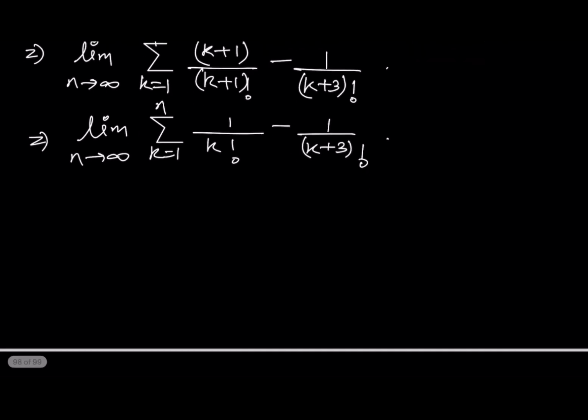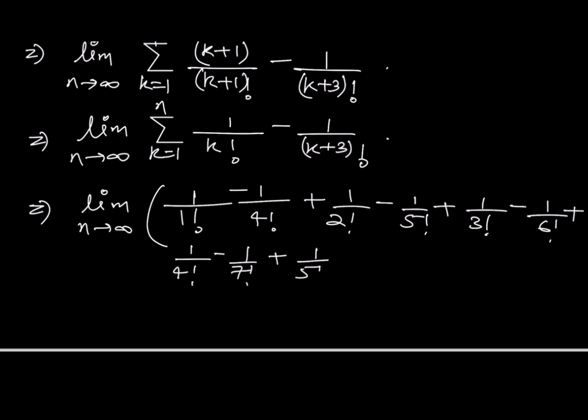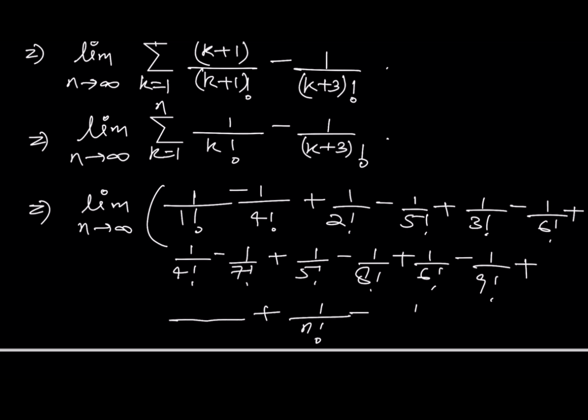Alright, now if I expand this summation by putting the values of k equal to 1, 2, 3 and so on up to n, this will become limit n tends to infinity 1 upon 1 factorial minus 1 upon 4 factorial, right, plus 1 upon 2 factorial minus 1 upon 5 factorial plus 1 upon 3 factorial minus 1 upon 6 factorial plus 1 upon 4 factorial minus 1 upon 7 factorial plus 1 upon 5 factorial minus 1 upon 8 factorial plus 1 upon 6 factorial minus 1 upon 9 factorial plus, and so on up to 1 upon n factorial minus 1 upon (n plus 3) factorial, right?